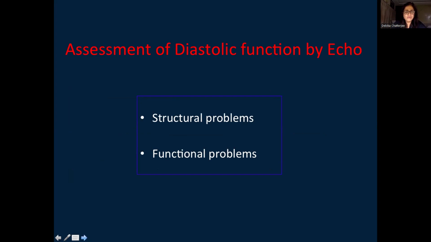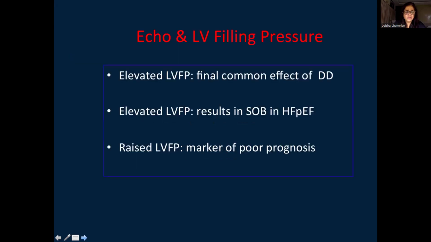Because by echocardiography, we not only get an idea about the structural problems of the heart, which may give rise to the diastolic dysfunction, we can also come to know about the functional problems related to the diastolic function.